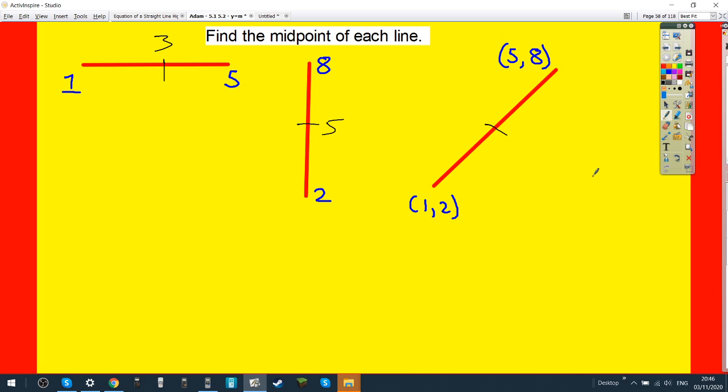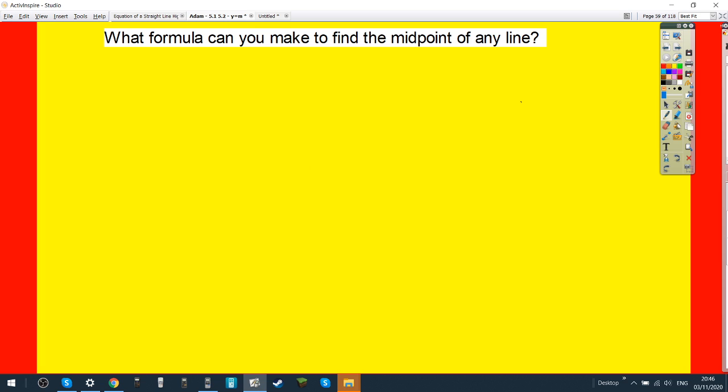How about this one? 6. That would be 3, comma 5. It's the same idea: 3 is the midpoint going across, 5 is the midpoint of the y's, and so overall 3, 5.